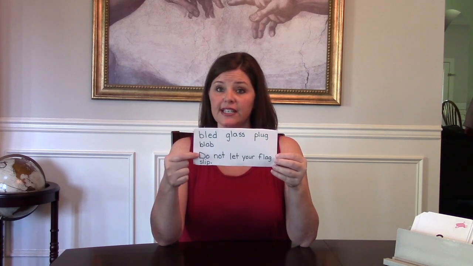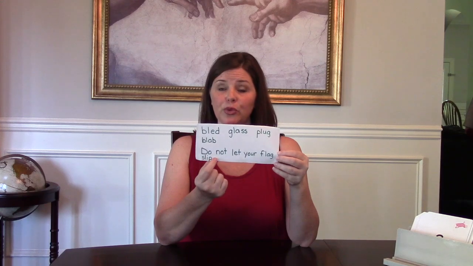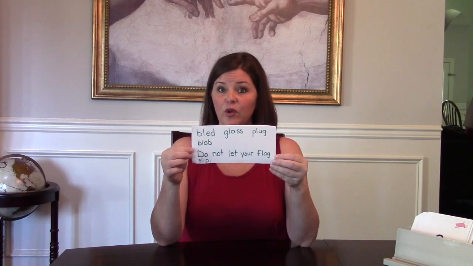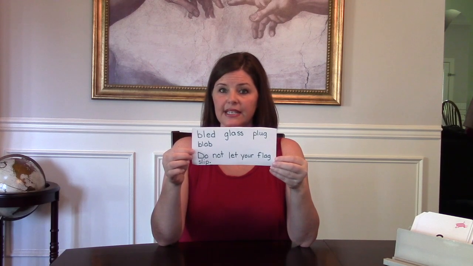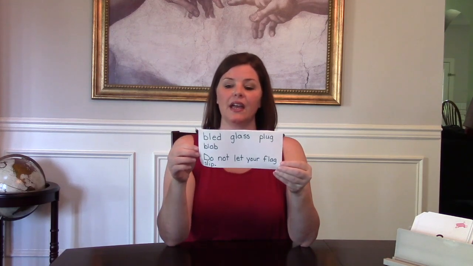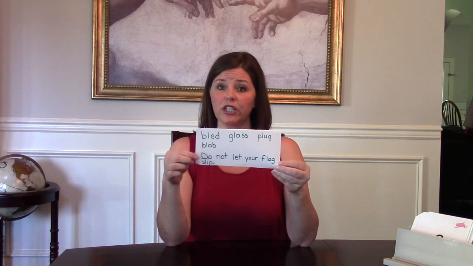Did you start your sentence with a capital letter and end with punctuation? I want you to look and see if you got all of your red words right in this sentence. If you did, give yourself a pat on the back. If you got all of your L blend words right, give yourself a round of applause. Good job.